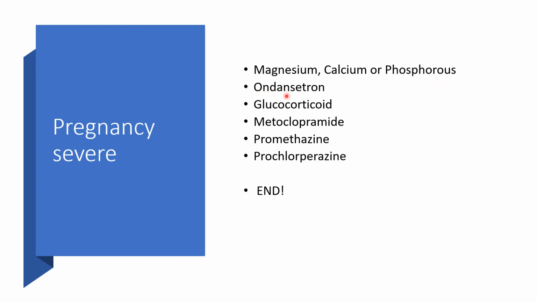Then you can use ondansetron, glucocorticoids, metoclopramide, depending on the gestational age anyway, promethazine and prochlorperazine. So I would advise, seek words from your pharmacist, better still, from the obstetrician.